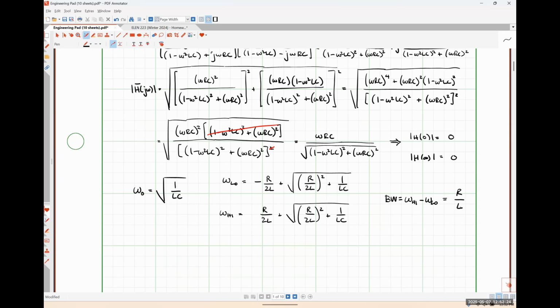So if, I don't know, I gave you guys a design problem like this, if you assumed a value for the resistor and you knew what bandwidth you were aiming for, you should be able to find out what inductor gives you that bandwidth very easily. And then knowing that inductor value, you could now solve for the center frequency, omega naught, because you only have one other variable, C, to determine. So that should be an incredibly easy design project.